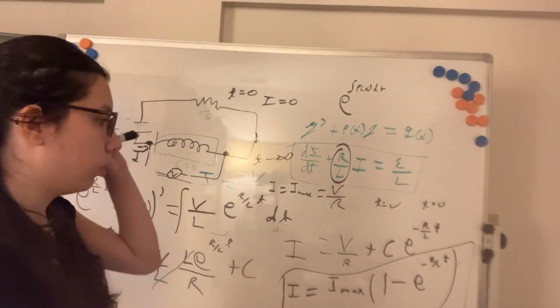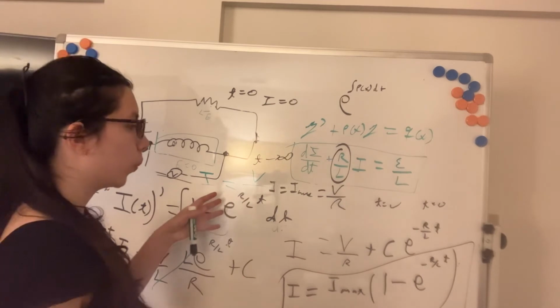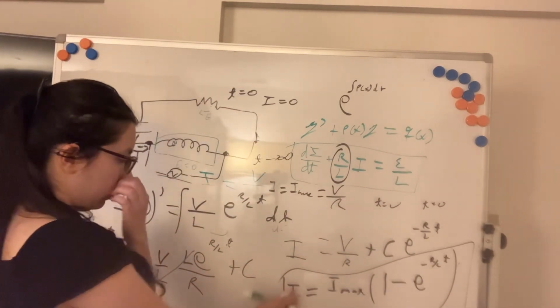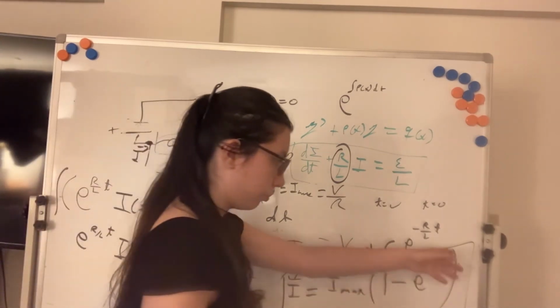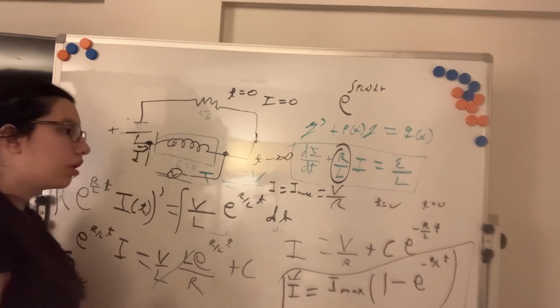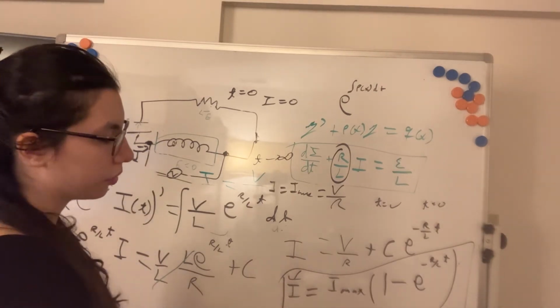So we usually need to know what R is, what L is, and then we can find the current at any point if we know at which time we are taking it. And if we know the current, we can know the induced EMF, and now we can know everything.